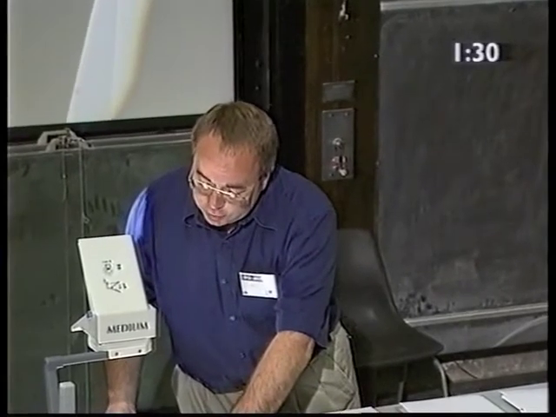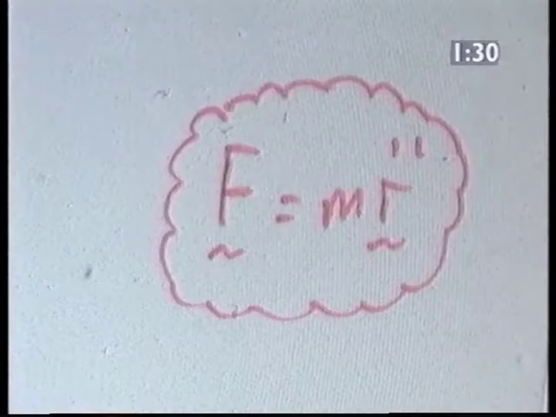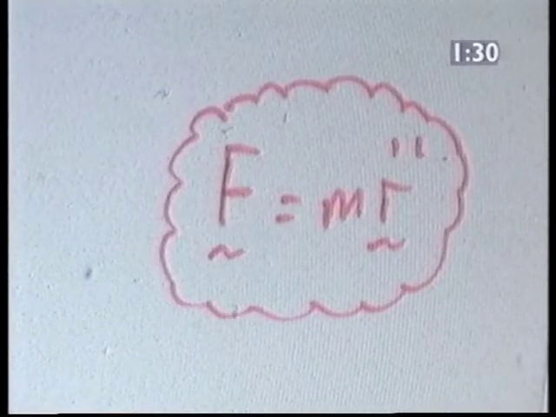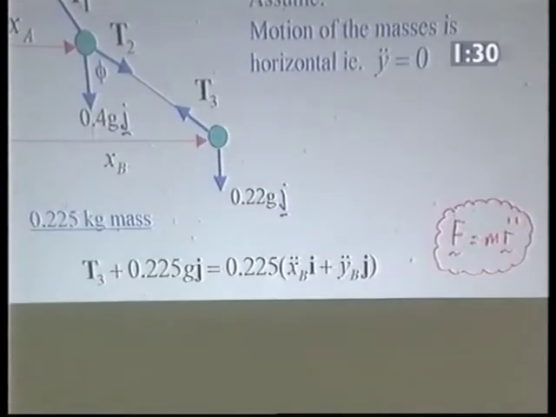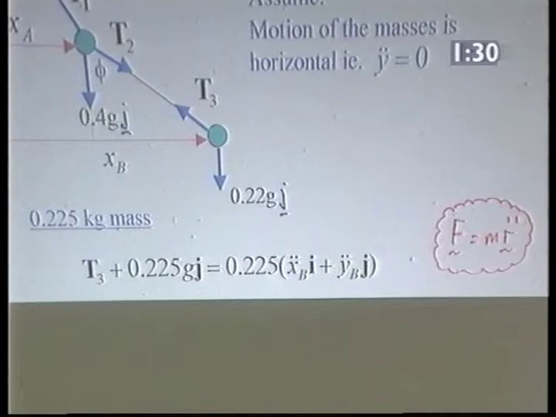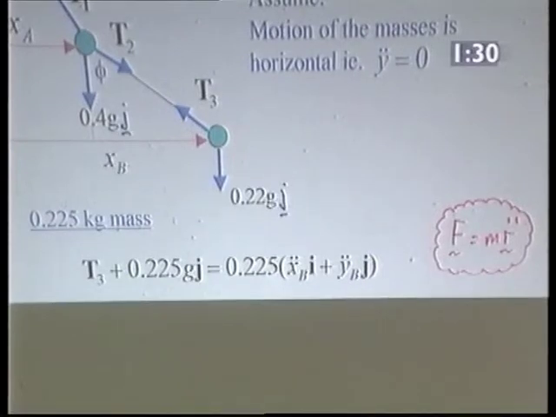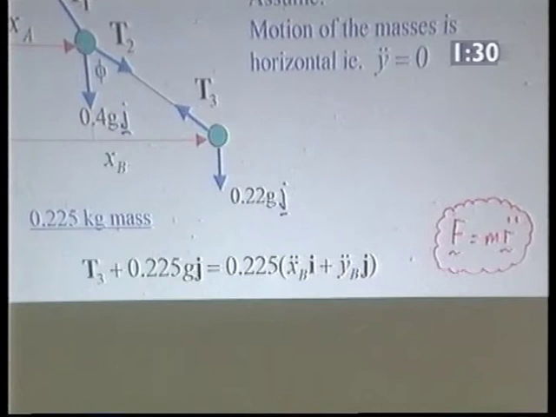So let's now use Newton's second law for the 0.225 kilogram mass. The total force on the mass is T3 plus its weight, and that must equal the mass times the acceleration. The acceleration vector is xb double dot i plus yb double dot j.